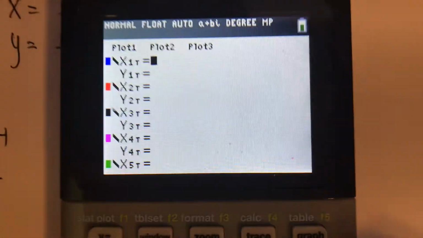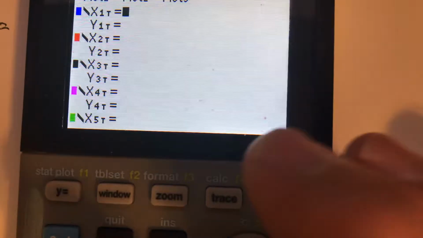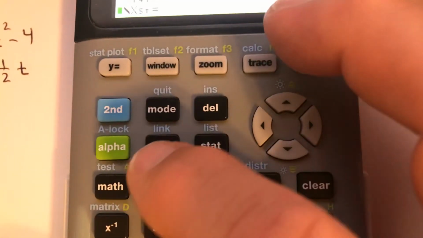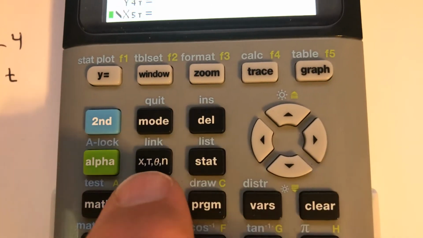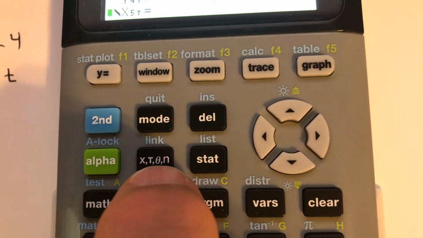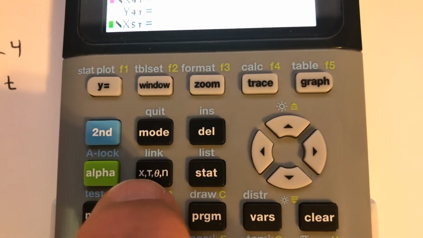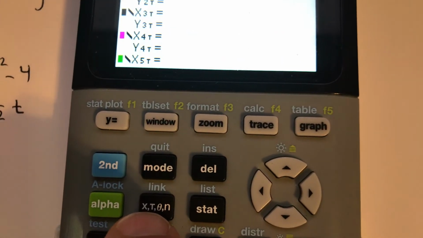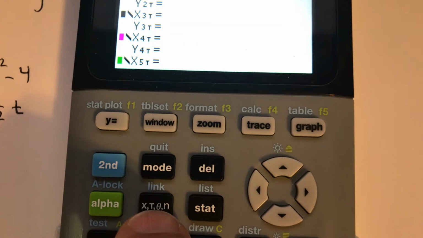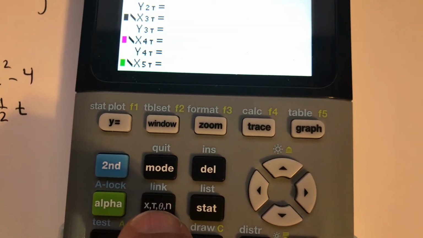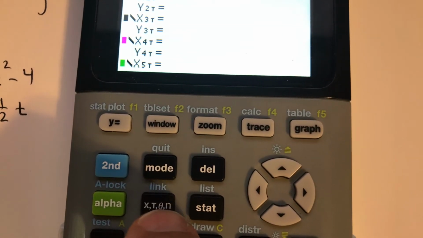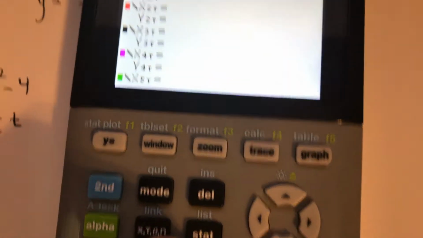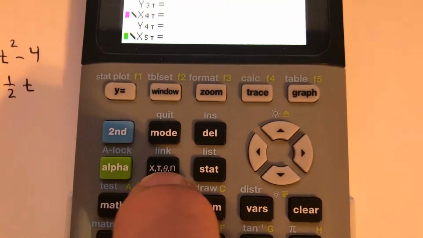So I'm going to go to my variable button and press it. Now notice my variable button says X, comma, T, comma, theta, comma, n. That means that if I'm in function notation, x is my independent variable. If I'm in parametric mode, t is my independent variable. If I'm in polar, theta, and if I'm in sequence, n.